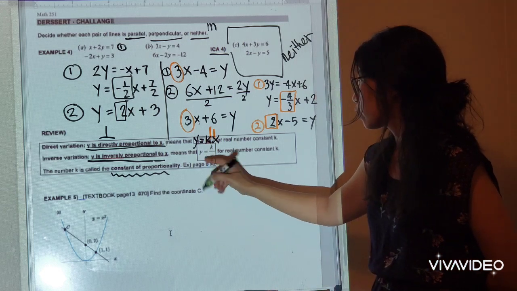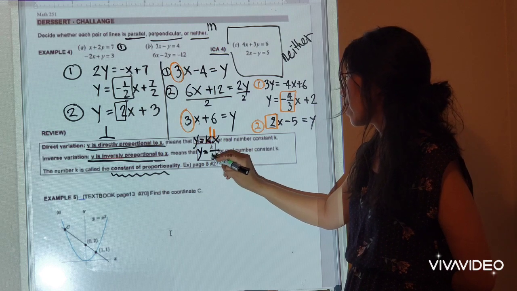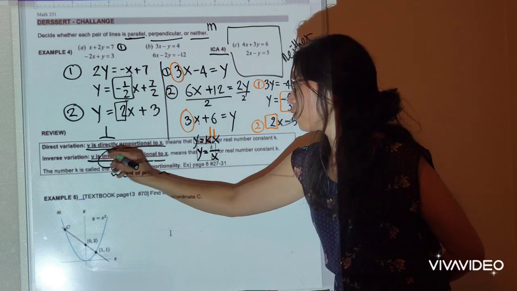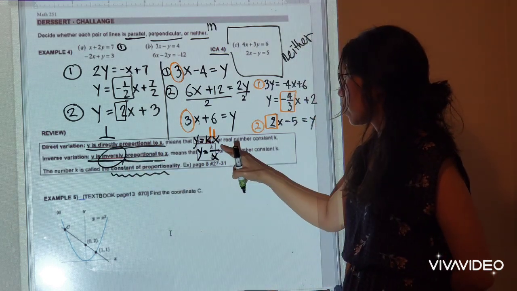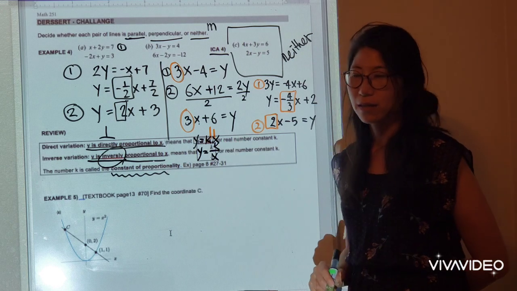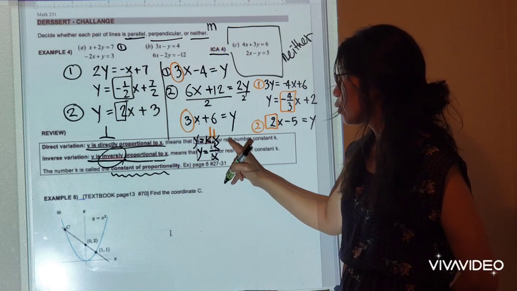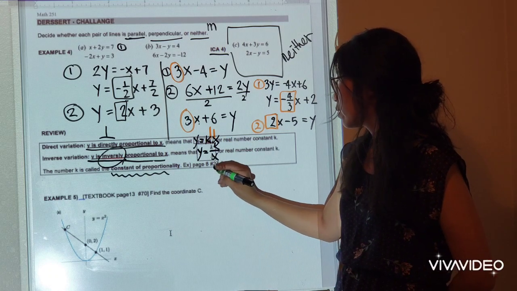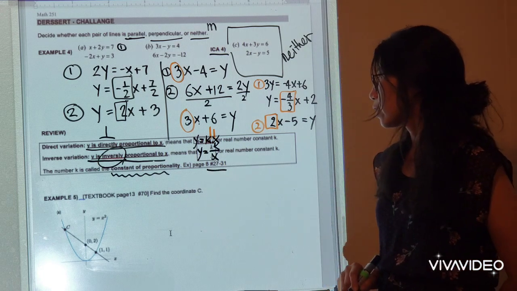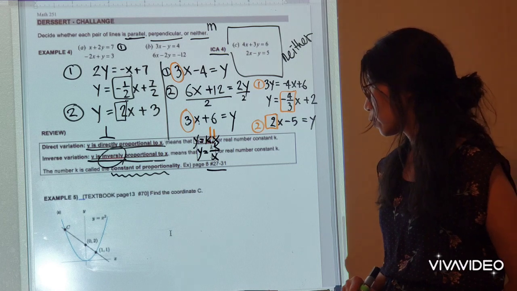Then you are going to write it the inverse way: y is equal to something over x. Because it's an inverse relationship, you are also going to put the constant of proportionality k. If you want to review the variations, you can check page number 8, problems 27 through 31.